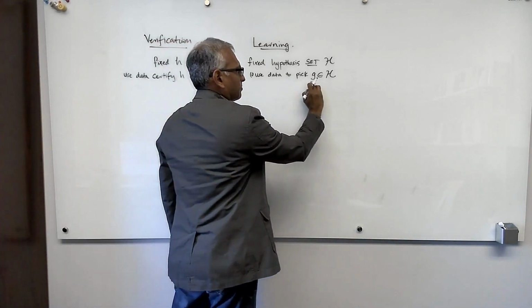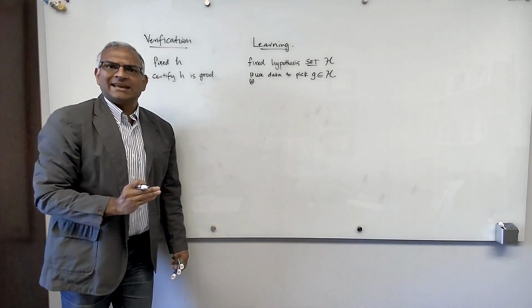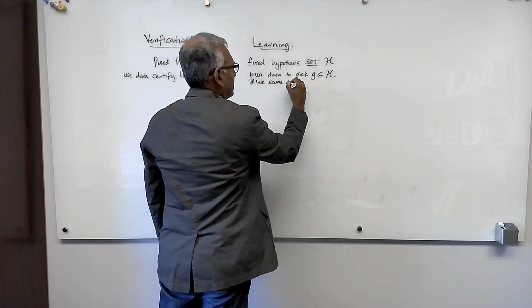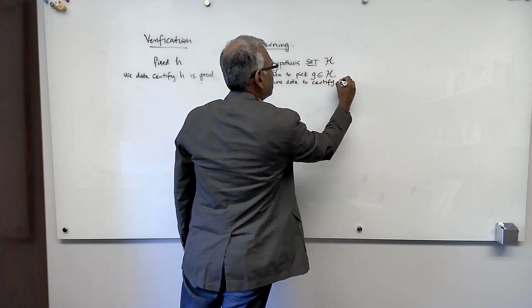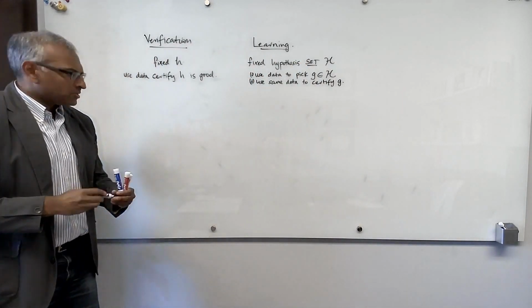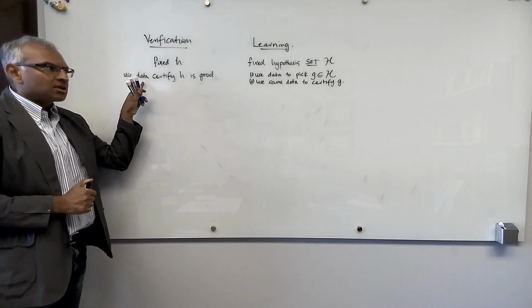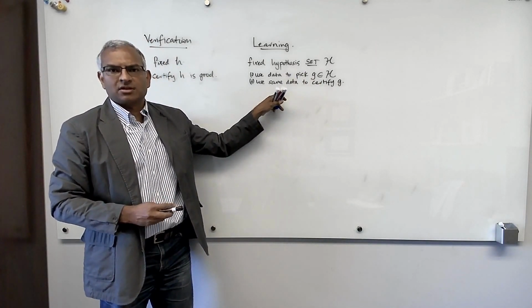Here we use the data to pick G, and then we have to use the same data to certify G. So the crucial difference is H does not depend on the data, it's fixed ahead of time. Here, G depends on the data. And that's the complication.